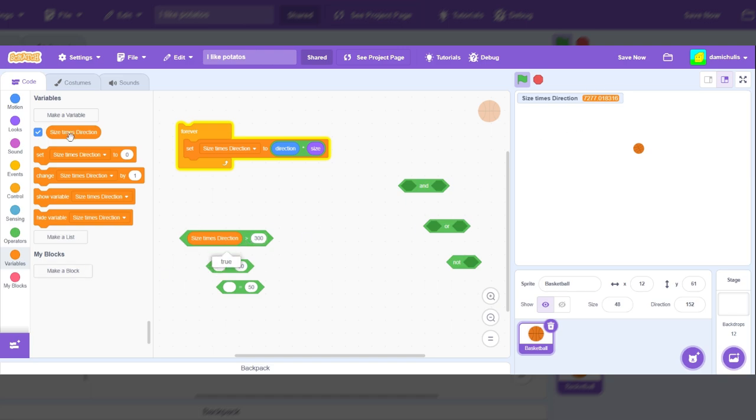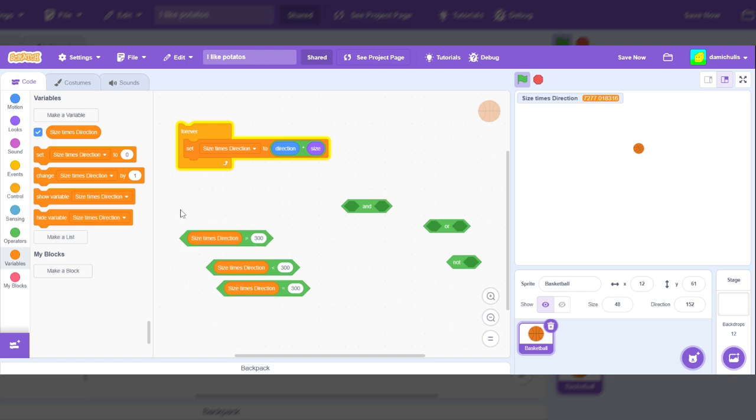Is size times direction smaller than 300? False. Is size times direction equal to 300? False again. Basically, that's it. And now the conditions.